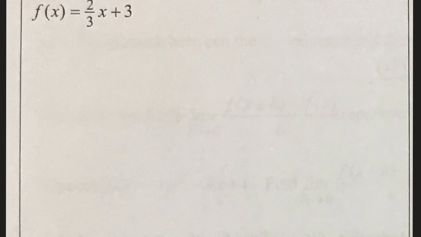So here is a linear function that we're going to use the difference quotient on in order to figure out what the slope is, or the equation that we can figure out for all of these values. So remember, we're going to first replace x with x plus h. So that's 2/3 of x plus h plus 3.